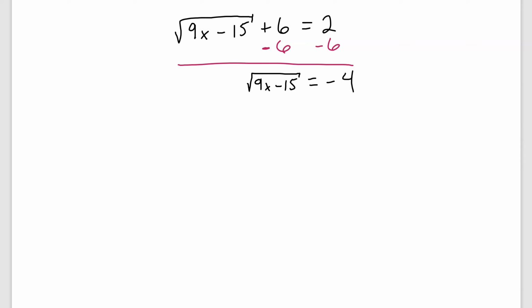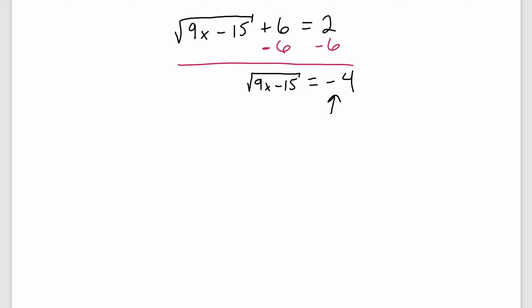And actually, I can stop here. I cannot have a radical equal to a negative number. There is no number that I can take the square root of that will give me a negative number. Now I could still solve this, but I would get a no solution.